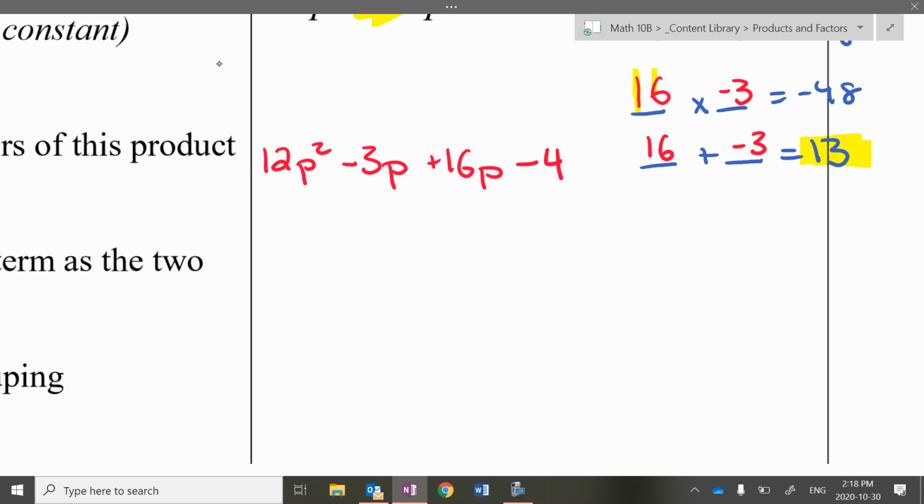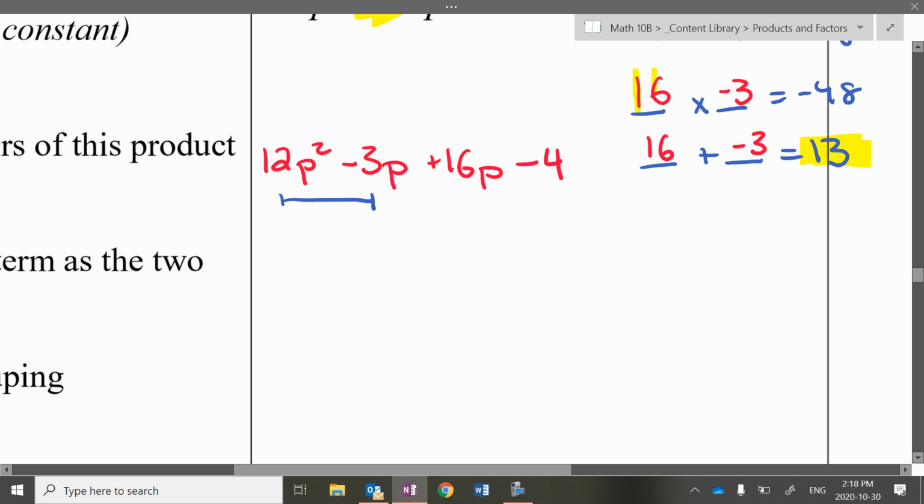So from here, these first two, my greatest common factor is what? 4 doesn't go into 3. 3p. So I'm left with 4p minus 1.